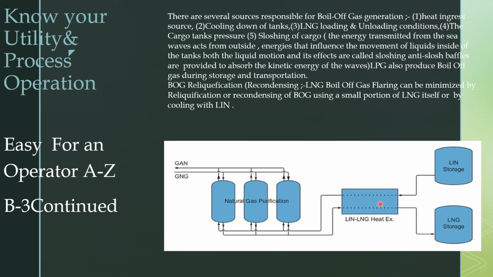Normally, all offshore units will have this type of liquefaction process. Normally, in offshore, recondensing is done using the LNG itself. In other plants, we can use liquid nitrogen storage for cooling or recondensing the LNG BOG produced.